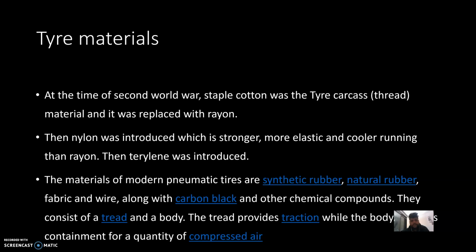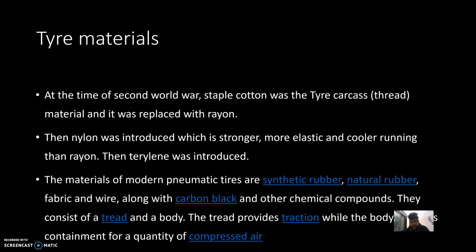Then Kevlar was introduced. However, nowadays the modern tires are made of synthetic rubber, natural rubber, fabric, and wire, along with carbon black and other chemical compounds.